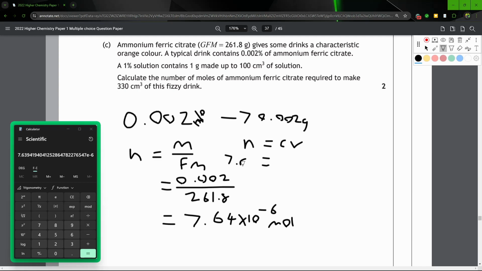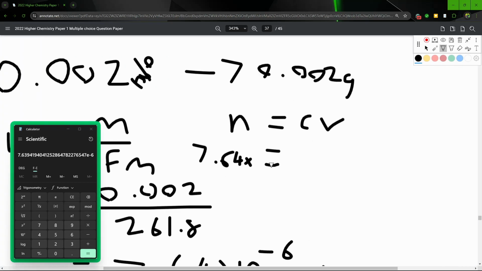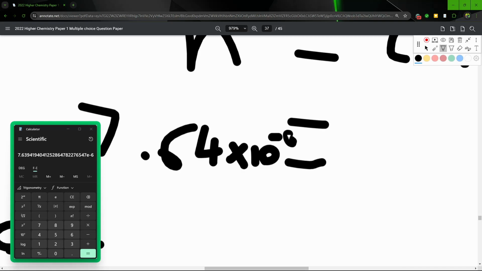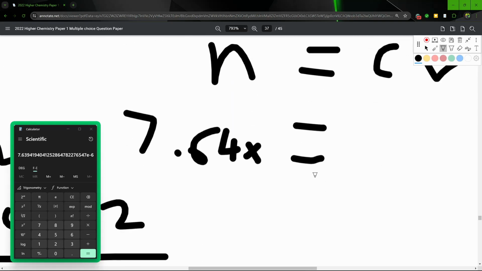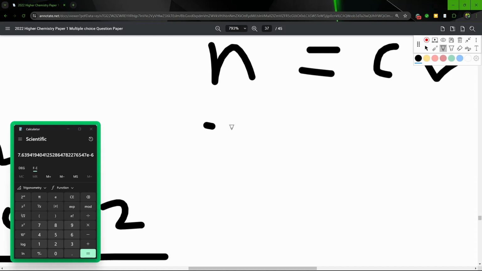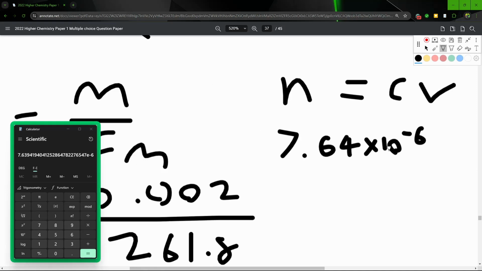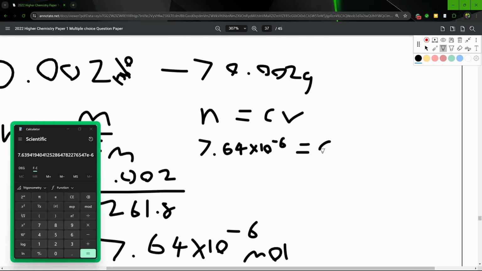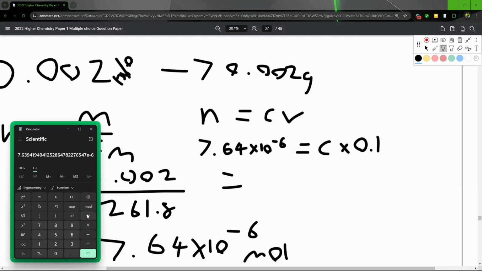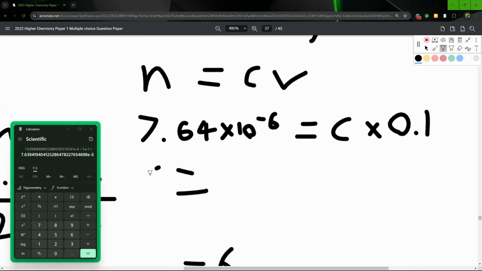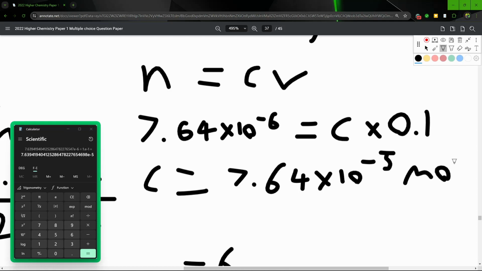We know it's 7.64 times 10 to the minus 6, and the volume is 0.1, so we divide by 0.1, which gives the concentration as 7.64 times 10 to the negative 5 moles per litre.